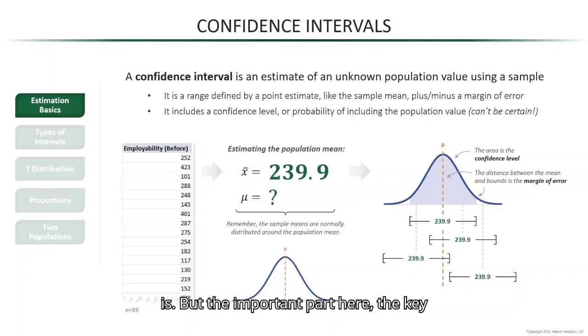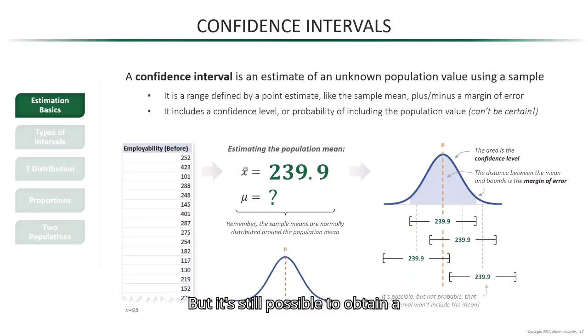But the important part here, the key takeaway, is that we're more likely to obtain a sample that fits either one of the first three scenarios, since they are closer to the center of the sampling distribution. And you'll notice that for all three, the interval actually includes the population mean.